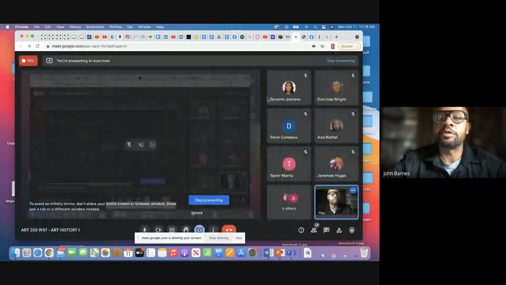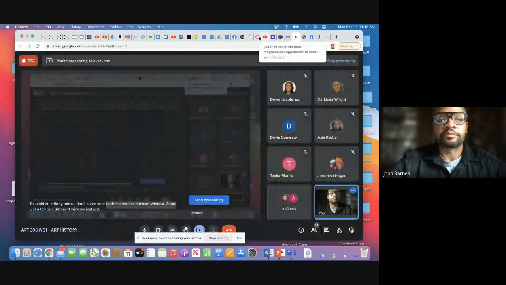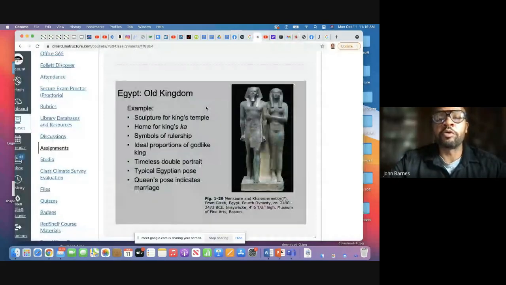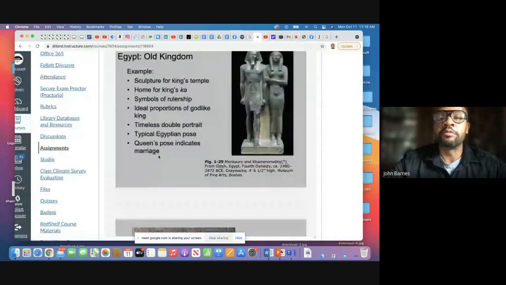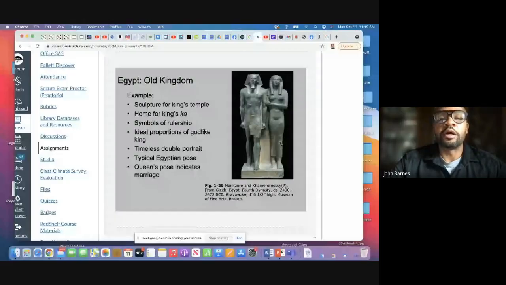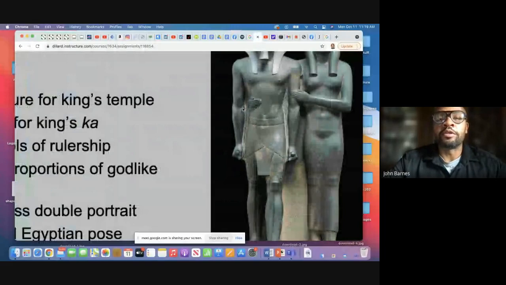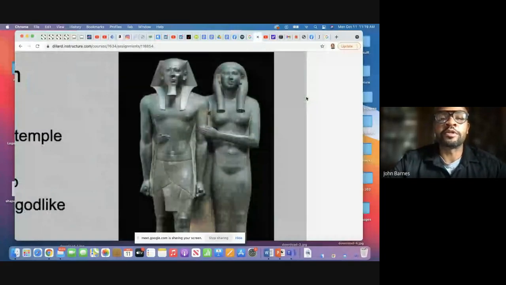Okay, so let me go on. The Queen's pose indicates marriage, the way that she's holding onto her king. These are considered typical Egyptian poses. These are the ideal proportions of a godlike king. If we look at the ideal proportions in the Western sense, everybody has to have huge muscles and a fully defined abdominal core with veins everywhere.